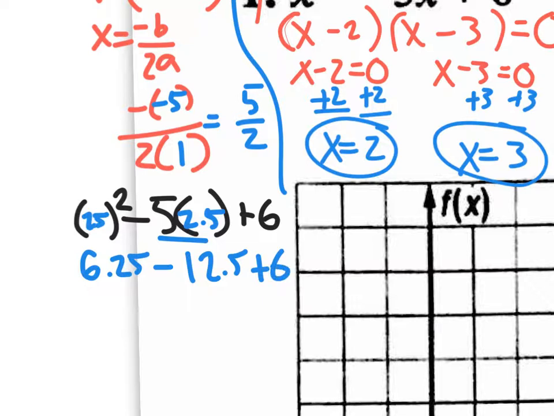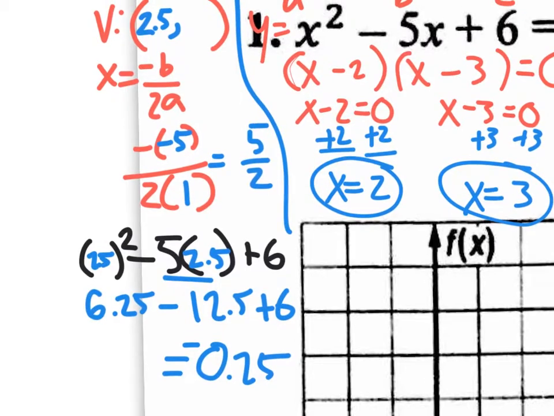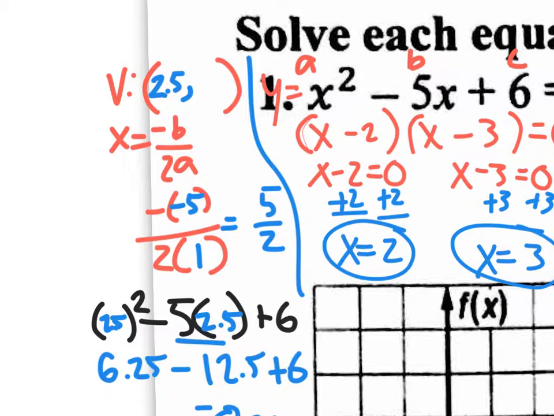So ladies and gentlemen, from here with the calculator, let's go 6.25 minus 12.5, and what do we get? Negative 0.25. Did you add the 6 to it? Yeah, okay, so if you do all of this on a calculator, you're going to get your final answer of negative 0.25, right? Okay, so the y value of our vertex is negative 0.25. It's not even negative 1, it's negative a quarter of the way down.